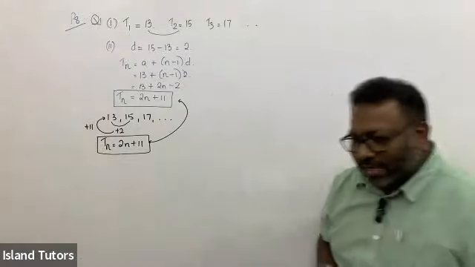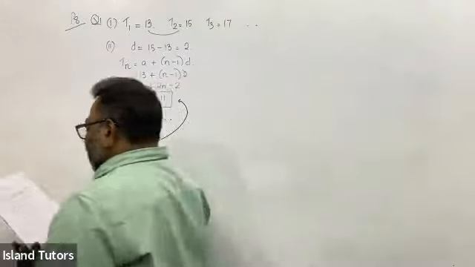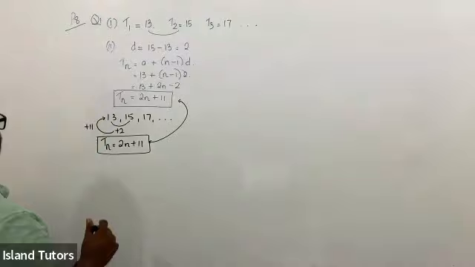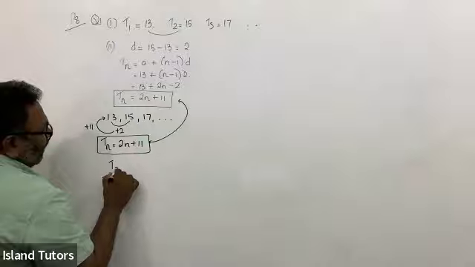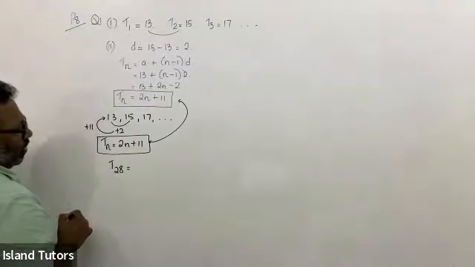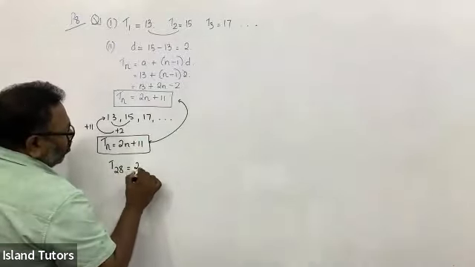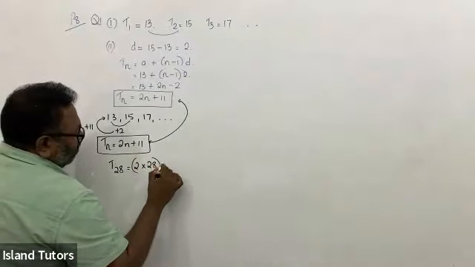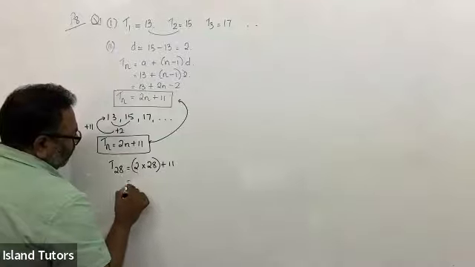So the second question they're asking, what is the number of flowers in the 28th row? So T28 is equal to 2 into 28 plus 11.